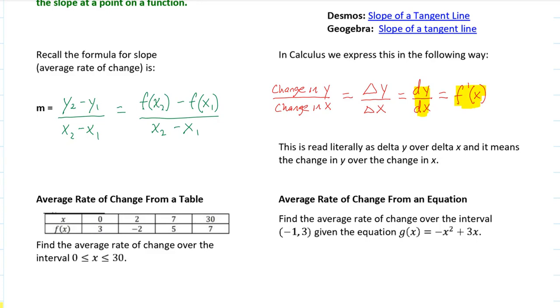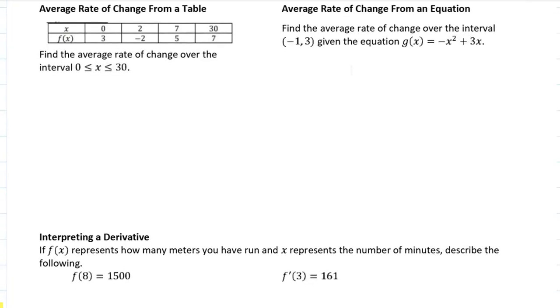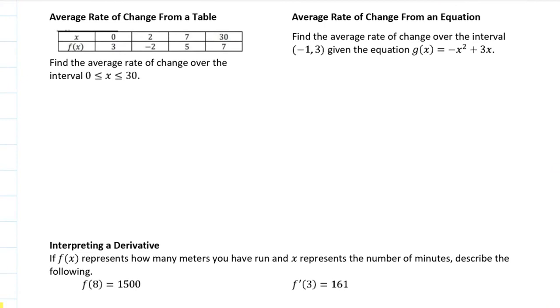But you may also see it written like this at times, y prime. So f prime of x just means the slope of the function f at a particular value of x. All right? And so today we're mainly going to look at average rates of change. We'll come back and actually define the derivative in our next lesson.